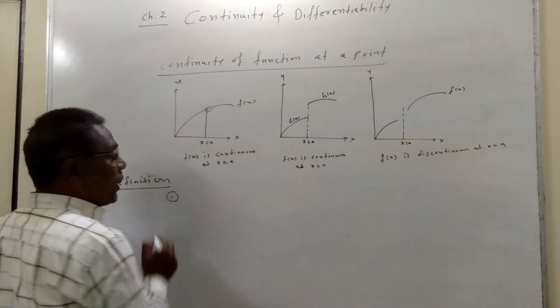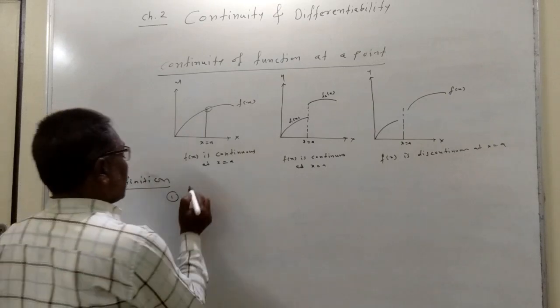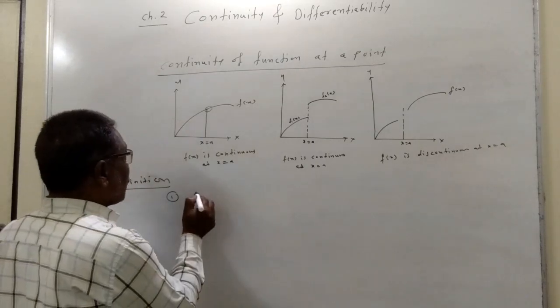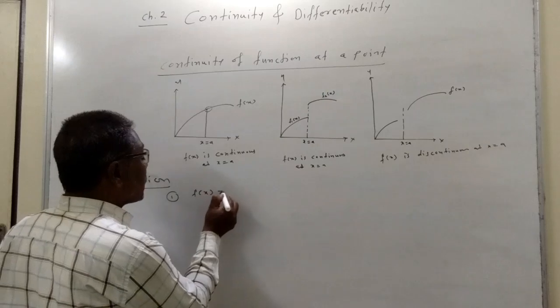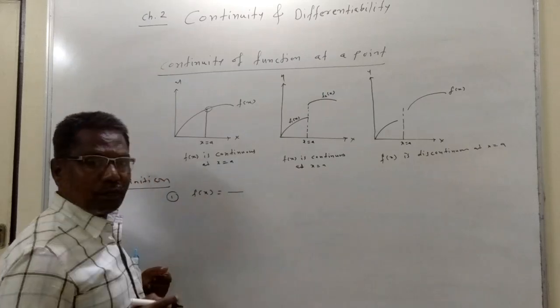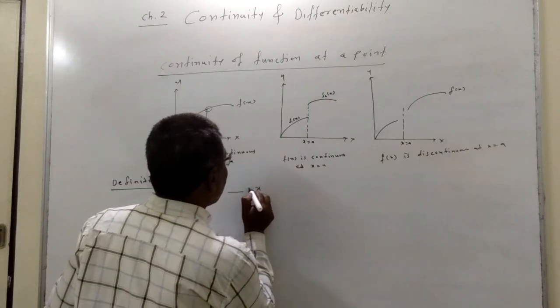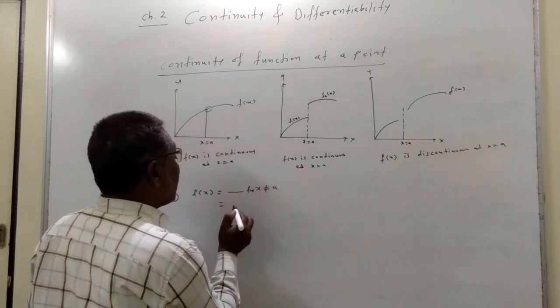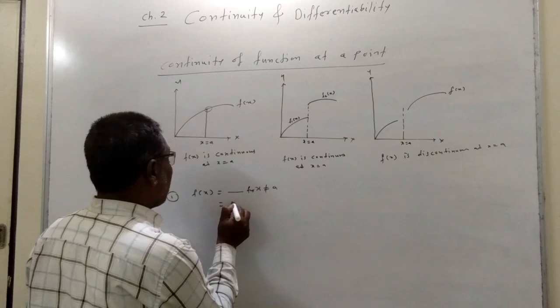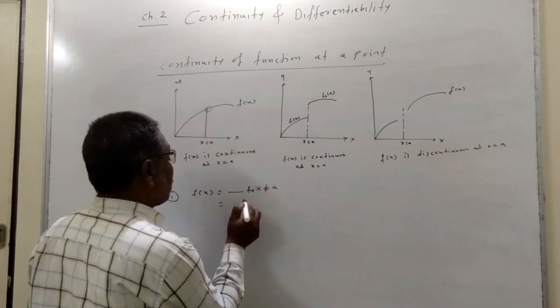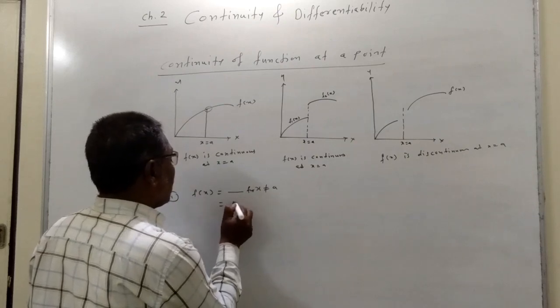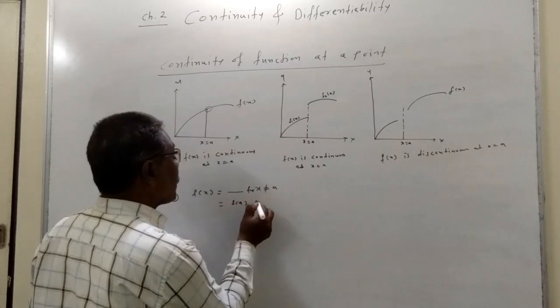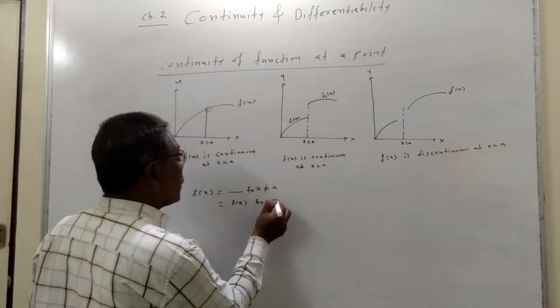So the first definition: suppose the function is defined as f of x equal to some equation for x not equal to a, and equal to the value f of a for x is equal to a.